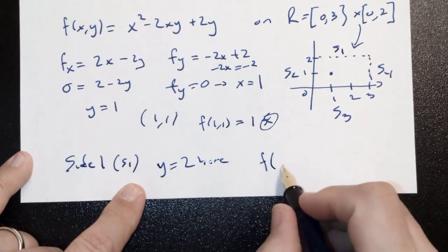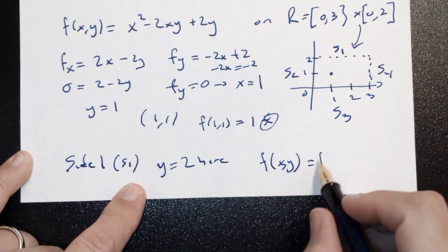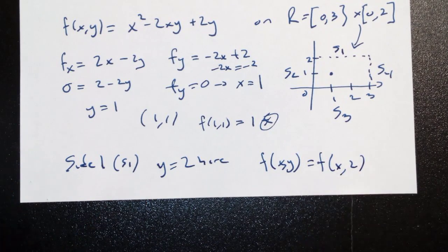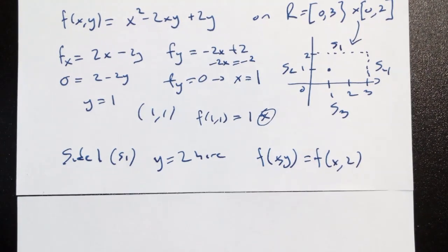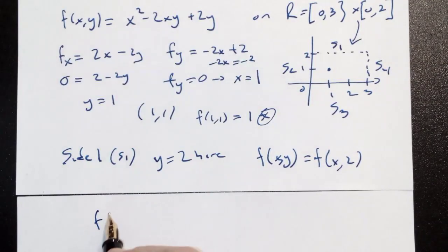And that means that my function, I can put in 2 for the y value. Which means this is now a function just in x. Take that function, put a 2 in for every y.